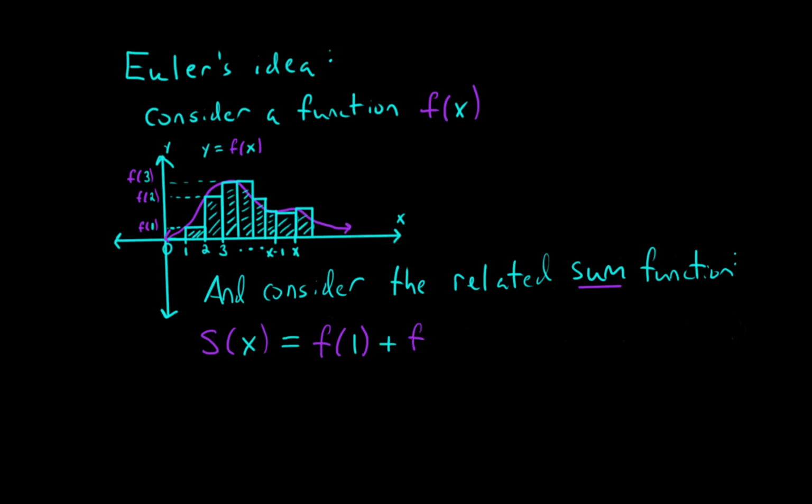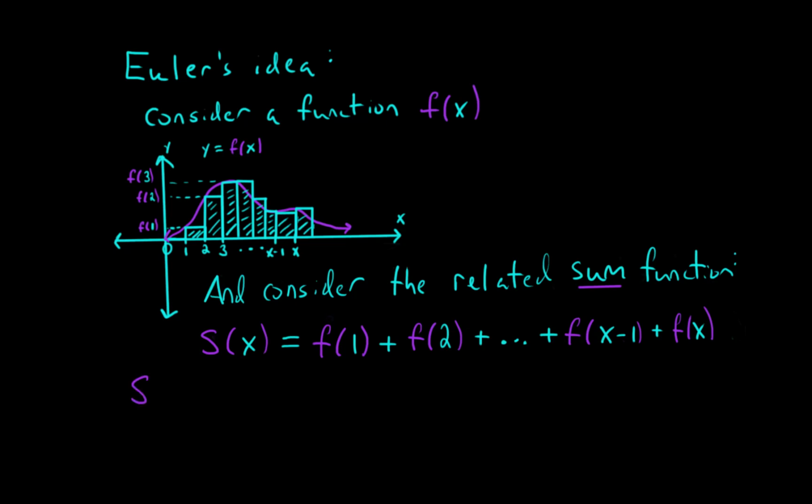It's actually an antiderivative of f of x. This sum function depends on our choice of x. And we can write it as s of x equals f of 1 plus f of 2 plus dot, dot, dot, all the way up to plus f of x minus 1 plus f of x.